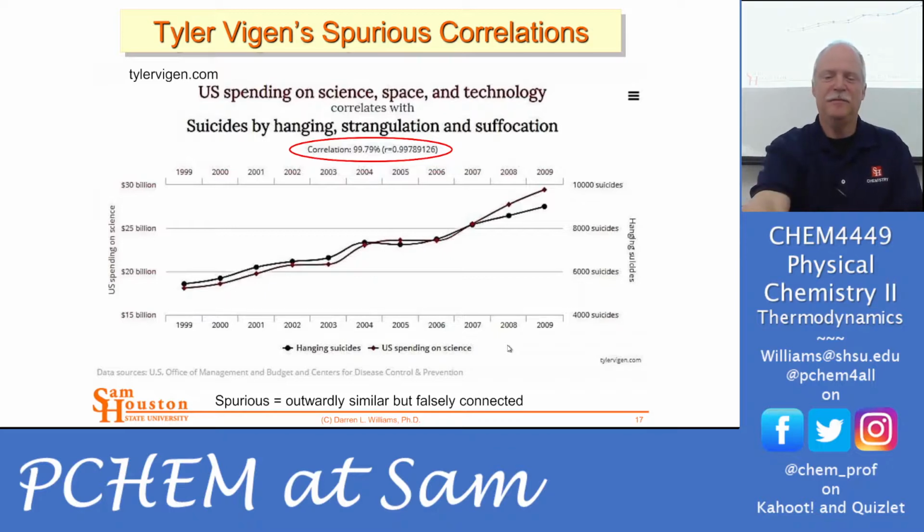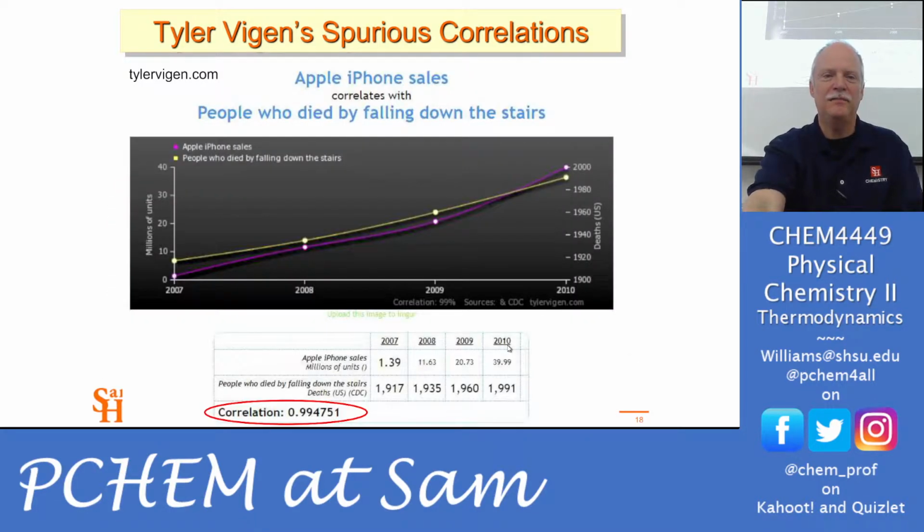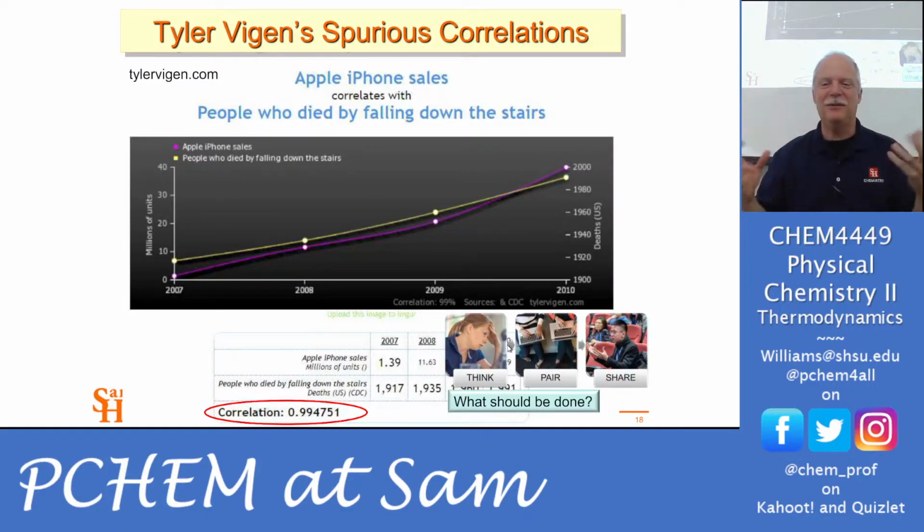Okay, what about this? Apple iPhone sales correlates with people who died by falling down the stairs. It's tempting, right? It's tempting to ask, what should be done? And you're just bombarded with this on the news constantly.